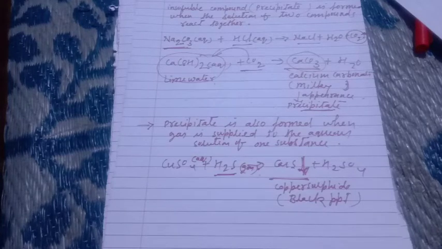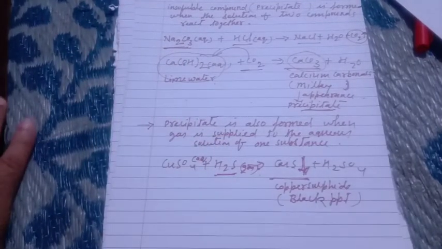These four types I have completed. Now the remaining three are there. That is the displacement reaction, double displacement reaction, and redox reaction. Okay, the most important is redox reaction. So just this week you tolerate, you understand in this way, and afterwards as usual I will start my teaching.